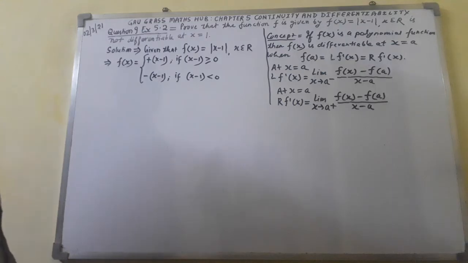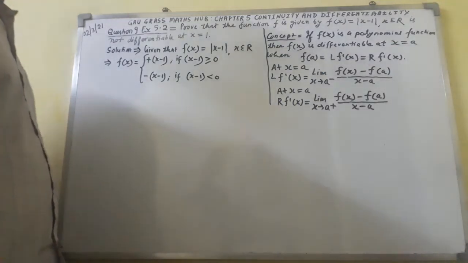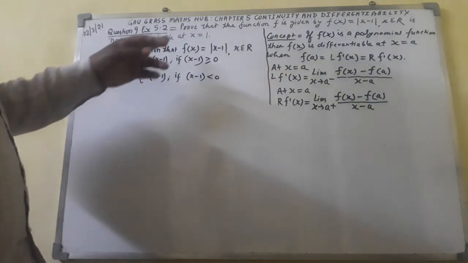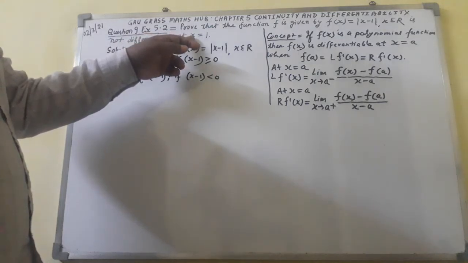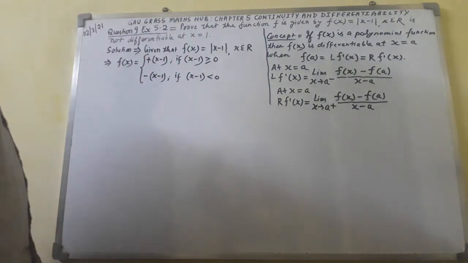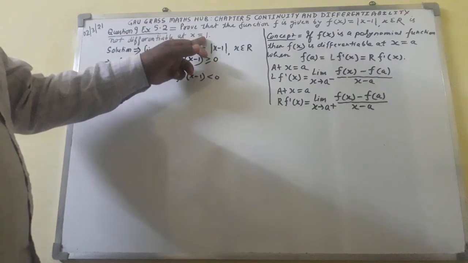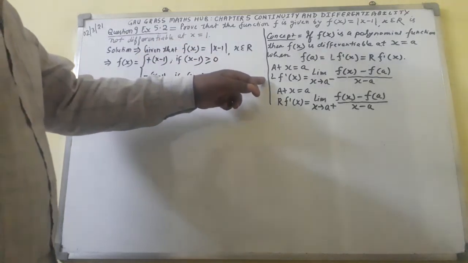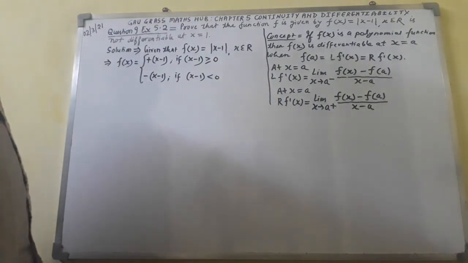Now, let us proceed further. Here you can see it is given the point x equal to 1. At x equal to 1, I shall find out left hand derivative of f of x.